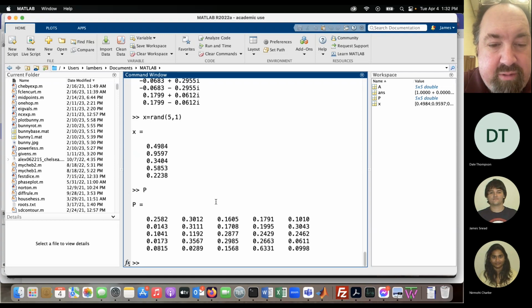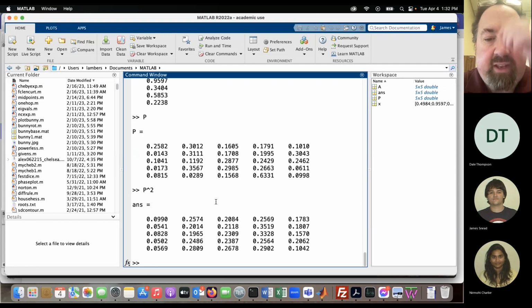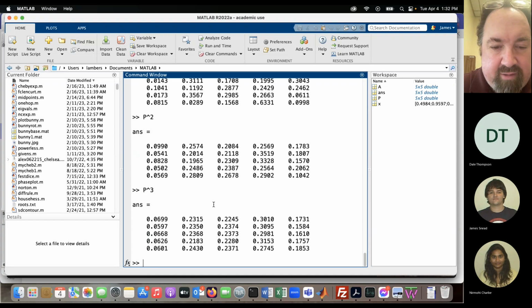So then if I do P squared, that's the probability of going from state I to state J within two links. And if I keep going, 3 links and so forth. But watch what happens if I keep multiplying by P.